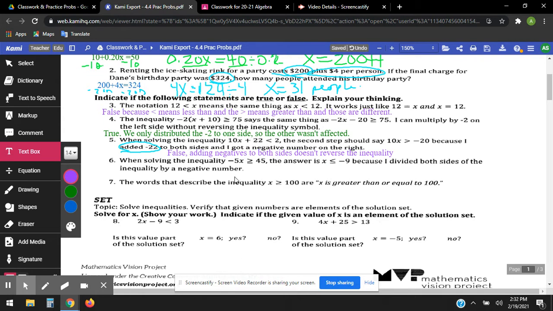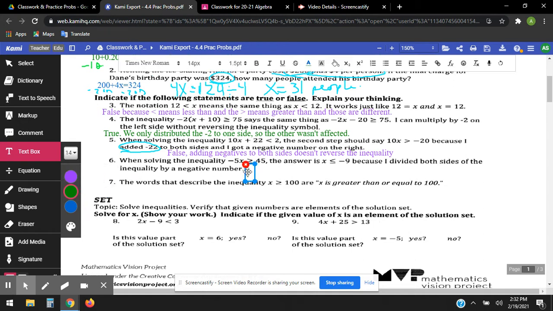When solving the inequality -5x is greater than or equal to 45, the answer is x is less than or equal to -9, because we divided both sides by a negative number. This one is true. So it was when you were multiplying or dividing by the negative that it throws it off, right?